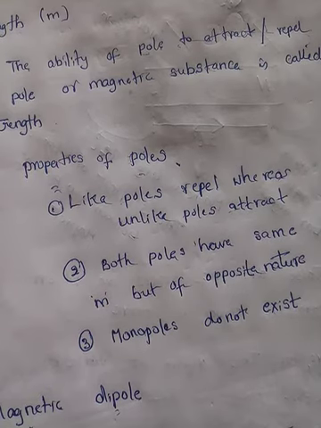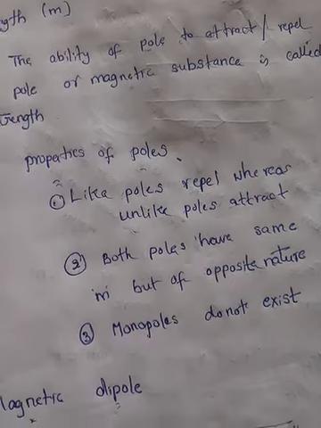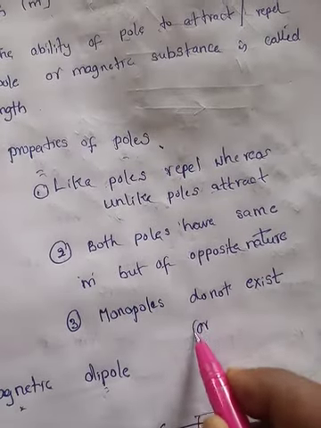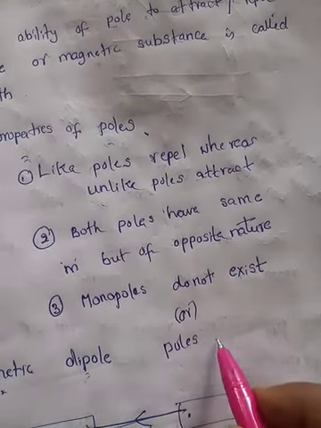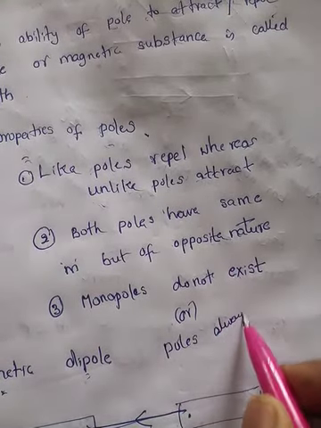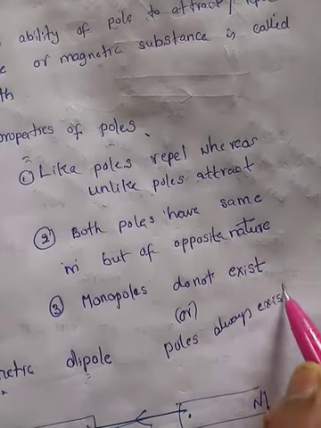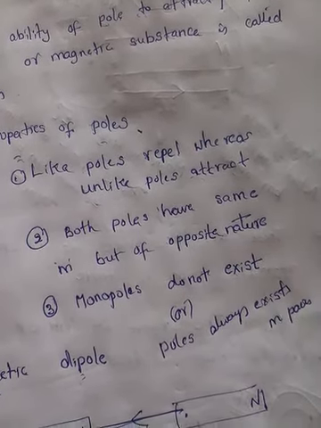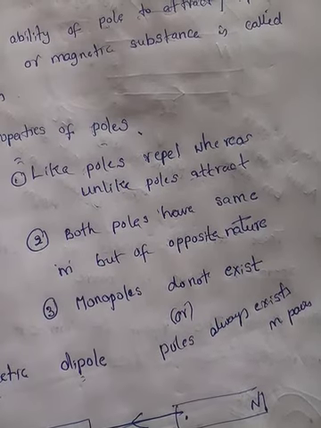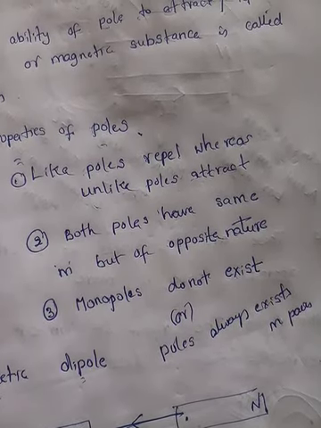Both poles have the same pole strength but of opposite nature. A very important property is that monopoles do not exist, or poles always exist in pairs. That means if you cut a bar magnet into 1000 pieces or so, each piece acts as a magnet having a north pole and a south pole.